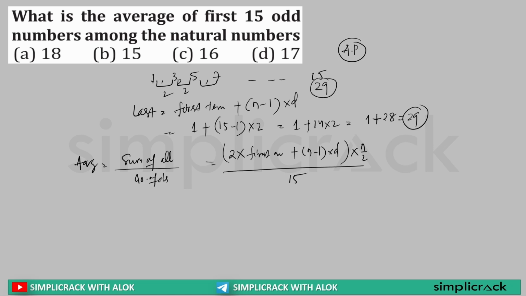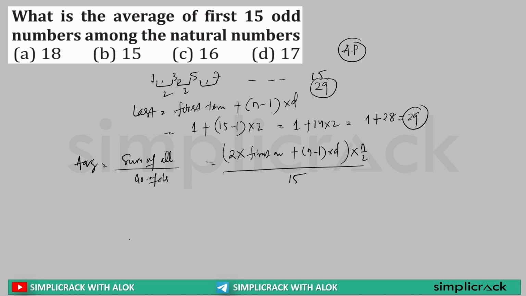You can go through this way, or if I remember the formula for finding the sum of n odd numbers from our first class, I can easily solve this question.